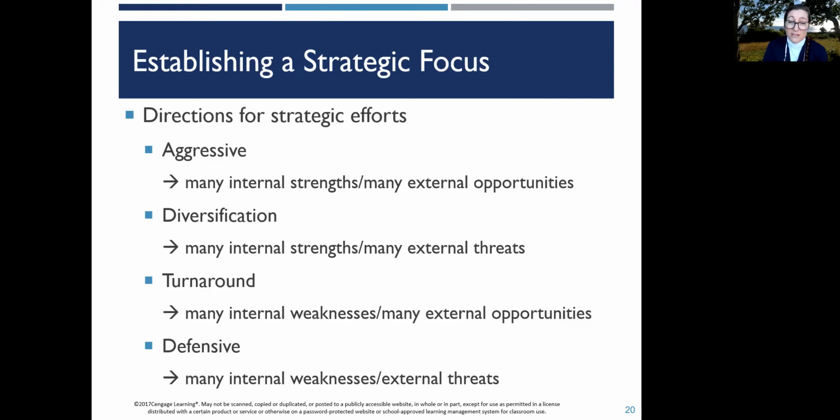If we have many internal weaknesses, but an abundance of opportunities, then maybe we're going to turn around in the direction of what the opportunities are, so that maybe we can convert some of our weaknesses away from being problematic, at least, if not convert them into a strength. But if we're faced with many weaknesses as well as external threats, then maybe we need to be on the defensive.